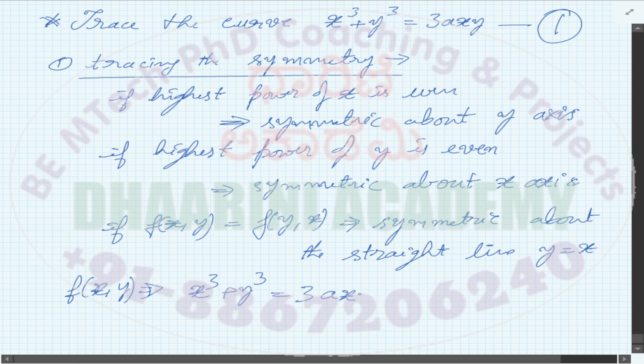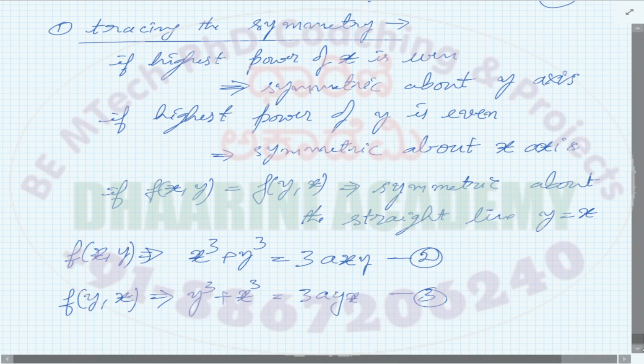Let's call the given function 1. Similarly, I write f of y comma x, which means replace x by y and y by x. So this becomes y cube plus x cube equals 3ayx. Call this 2 and call this 3. Now I can see that equations 2 and 3 are the same.